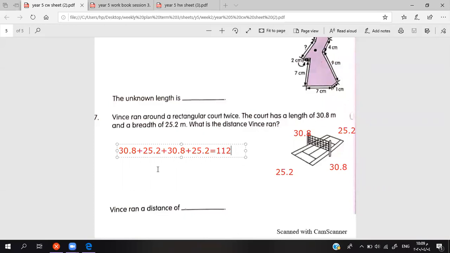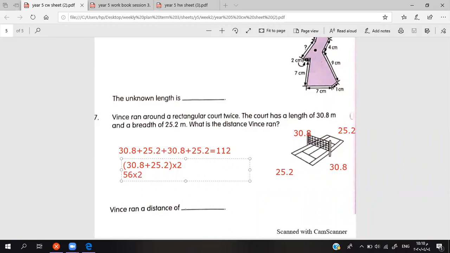But there's another way to do it. 30.8 plus 25.2 will be multiplied by 2, because these numbers are added twice. So this is 56 multiplied by 2.